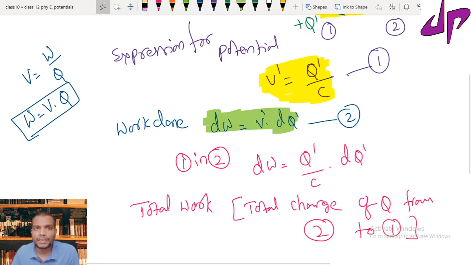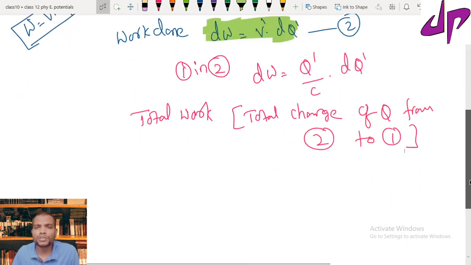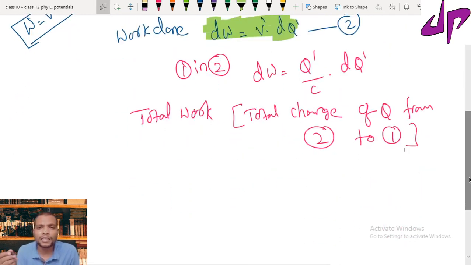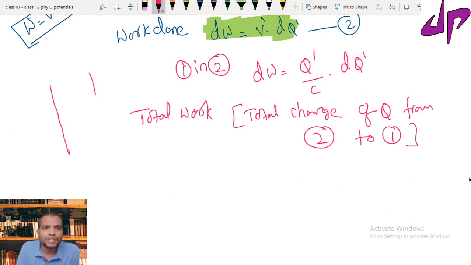Initially the first plate has no charge because I have taken both as uncharged plates. My aim is to bring positive charge from here to here to make it positive, and it obviously makes the other negative.